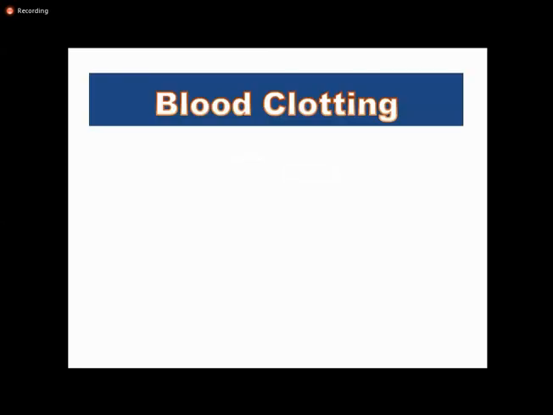Before discussing the different drugs, we must know how the process of coagulation starts. When there is damage in the vessel, what happens? Initially, the vessel tries to stop bleeding from the damaged area by constricting.